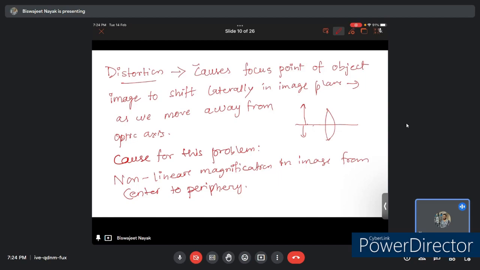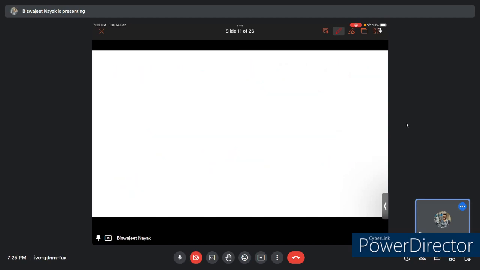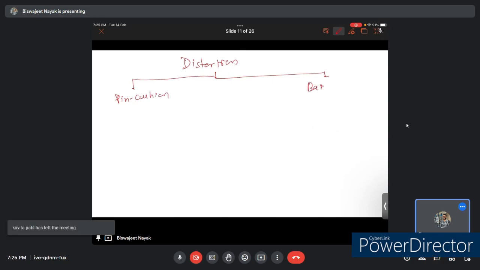One is pincushion and another one is barrel. Depending on what gradient there is, whether it is increasing or decreasing, we have either pincushion or barrel.